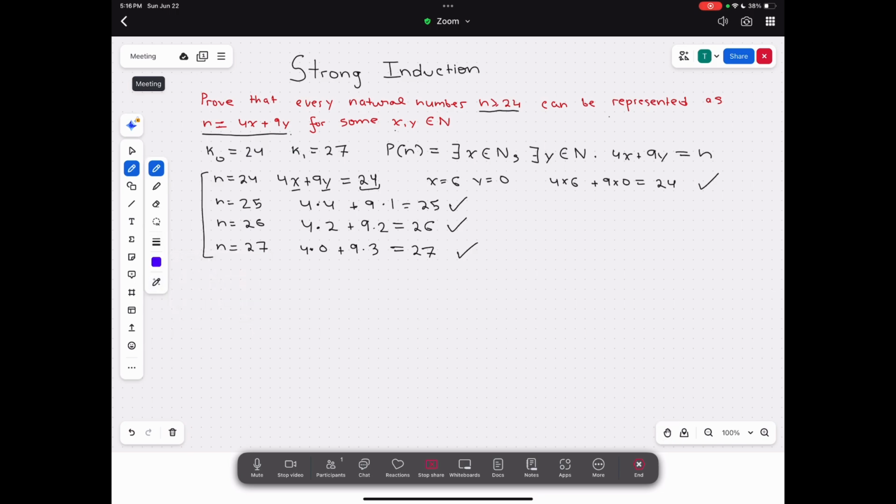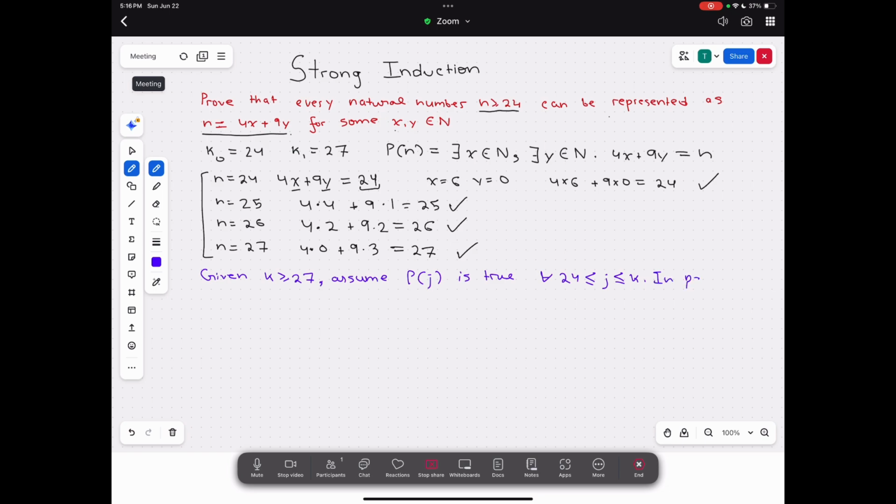So now that we're done with the base cases and the inductive statement, let's move on to the inductive hypothesis. Given k is greater than or equal to 27, let us assume P of j is true for all 24 less than or equal to j less than or equal to k.